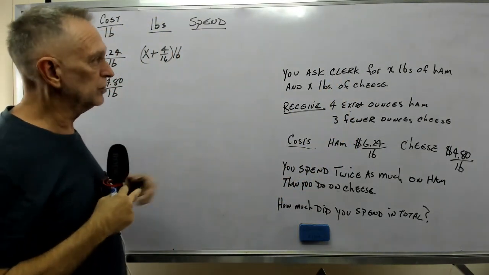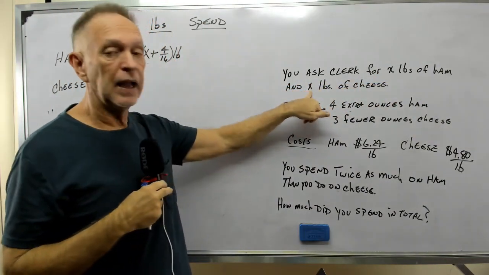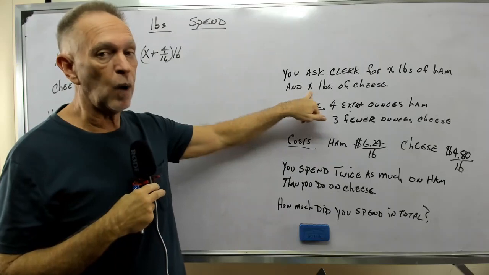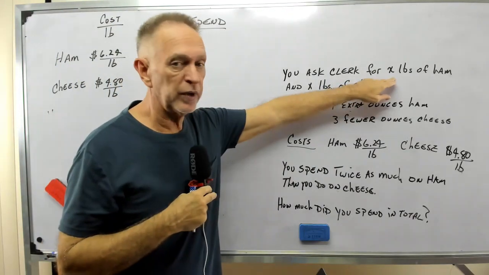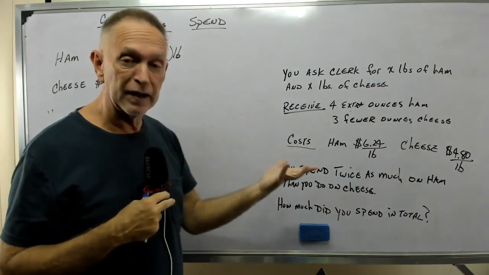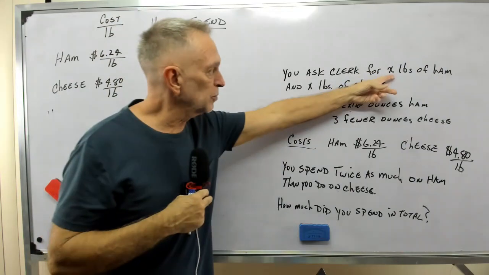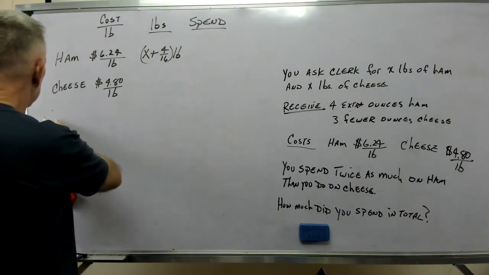Now you'll notice we asked for X pounds of ham and X pounds of cheese, not Y pounds of cheese. So if we ask for 5 pounds of ham, we're asking for 5 pounds of cheese. X pounds and X pounds. That's one critical thing to think about.